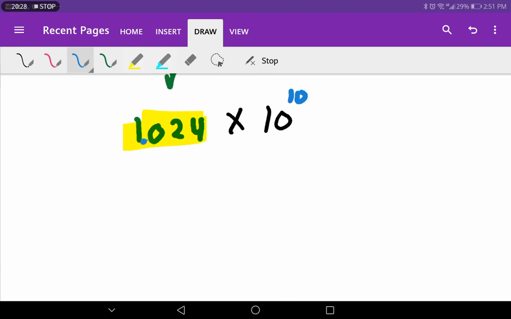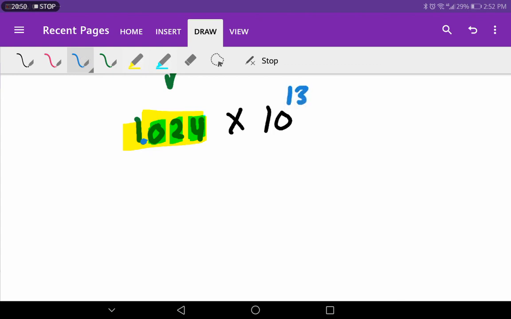Okay, and check how many digits after the decimal. 1, 2, 3. So I minimize this number by 3 digits, so I will add 3 to the power, so the 10 will be 13.